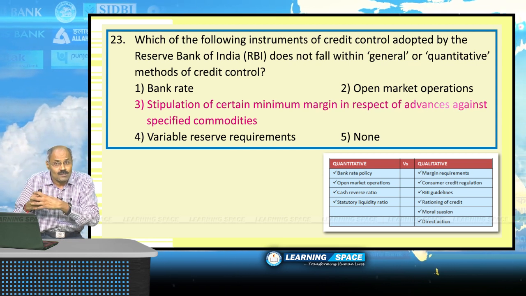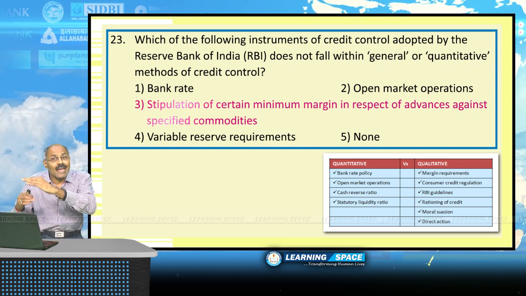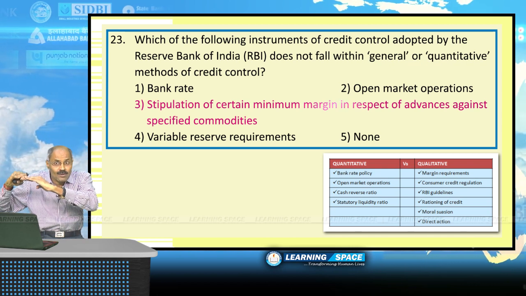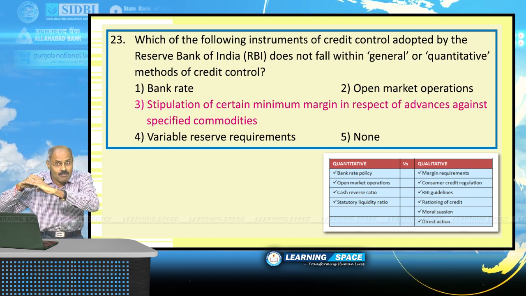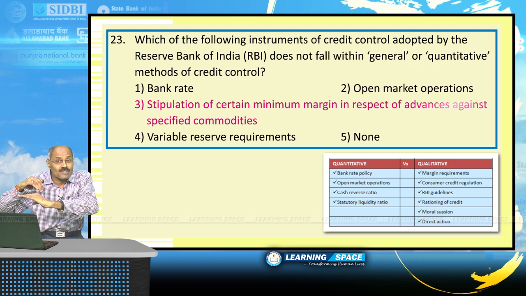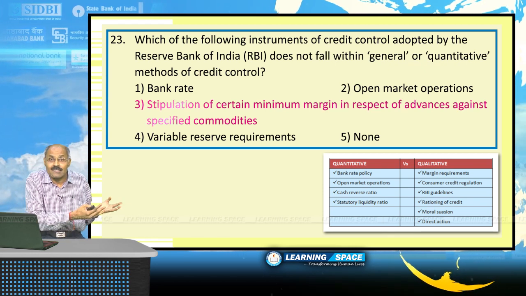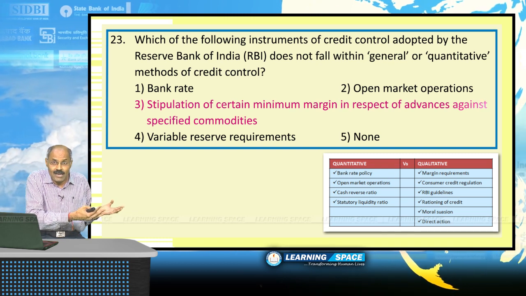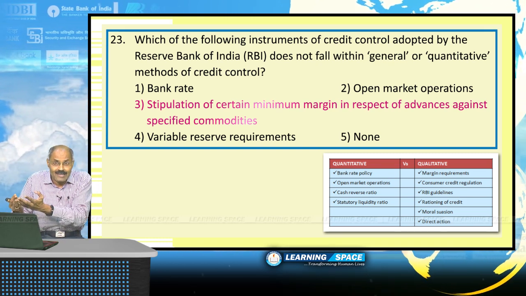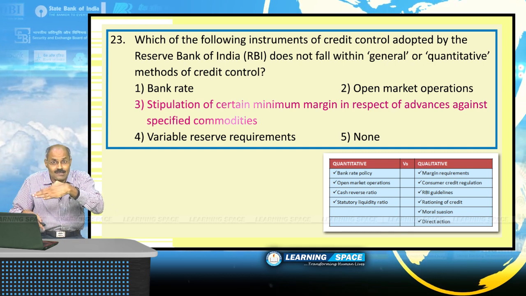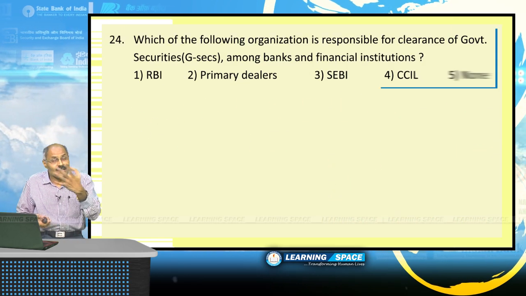In house loans, if banks are giving 80% of the value of the house as loan, tomorrow RBI may say, please give loan up to 70%. That is qualitative. So quantitative is exercised directly by Reserve Bank of India. Qualitative is exercised by banks subject to the instructions. Right, friends?